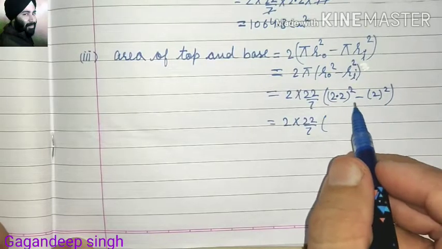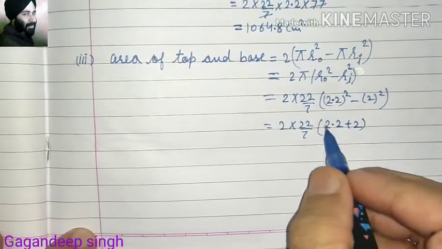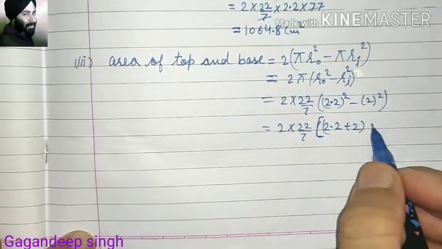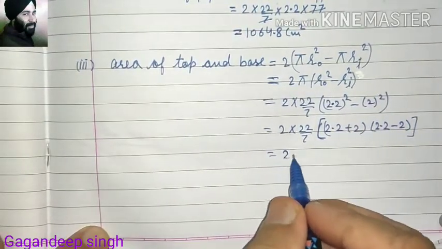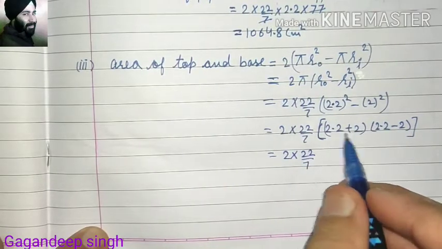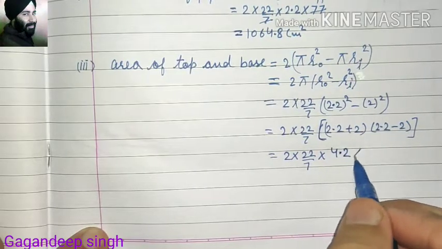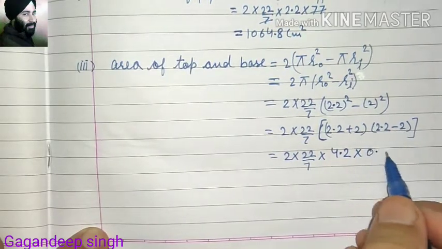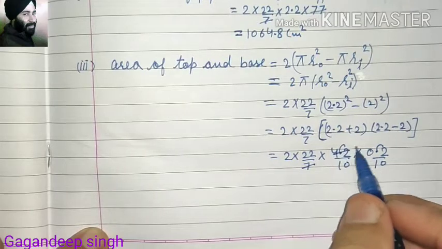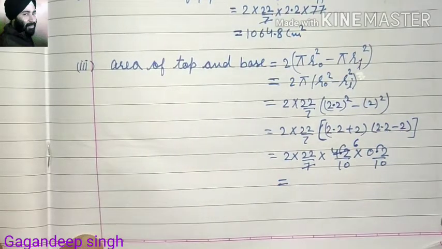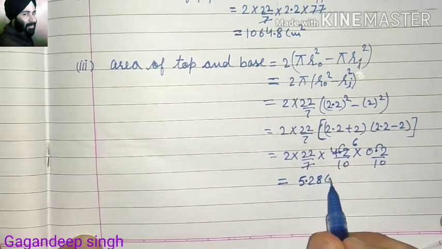Inside the bracket we can apply the identity a square minus b square, which is a plus b and a minus b. 2 into 22 by 7. 2.2 plus 2 will be 4.2 and 2.2 minus 2 is 0.2. You can remove the decimal, 10 will be there in the denominator, 7 sixes are 42, and after simplification its value will be 5.28 centimeter square.